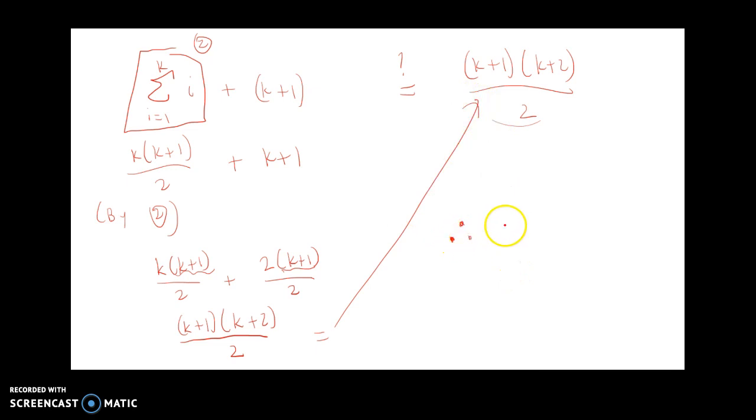Therefore, by induction, it is true that the sum from i equals 1 to n of the integers is equal to n times n plus 1 over 2.